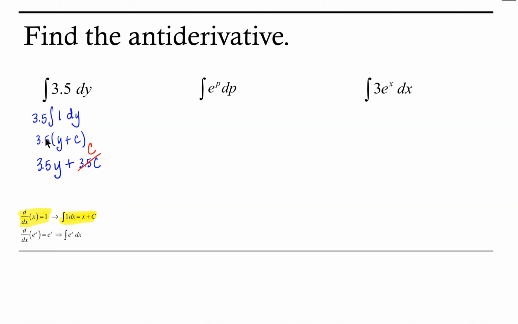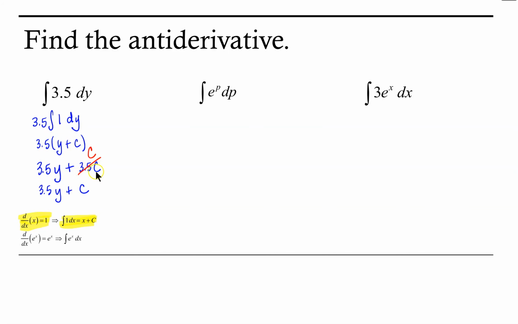It can be any constant. So 3.5y plus c can capture all of the same functions that 3.5y plus 3.5c would capture. So in this case, our antiderivative is 3.5y plus c.